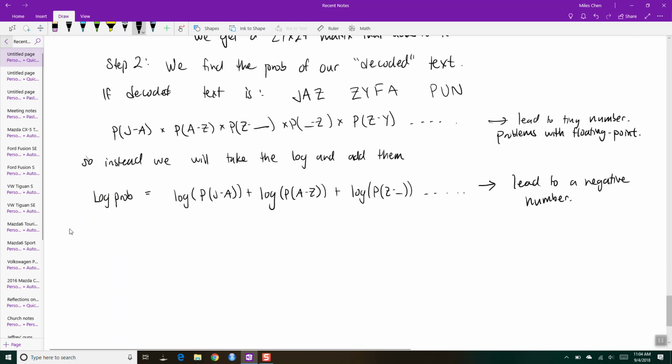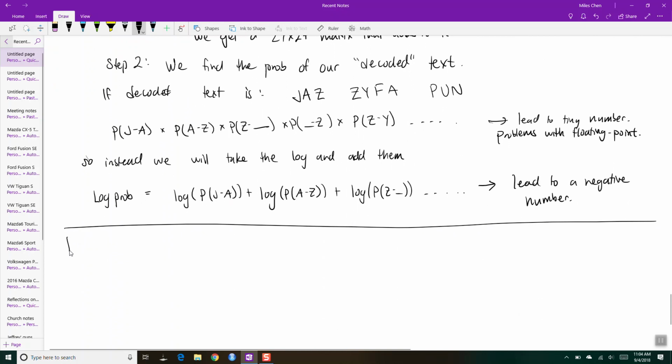And then the probability of the real words. Here we use a lexicon. This is kind of like a dictionary with probabilities. Caveat: the lexicon we're using kind of sucks.